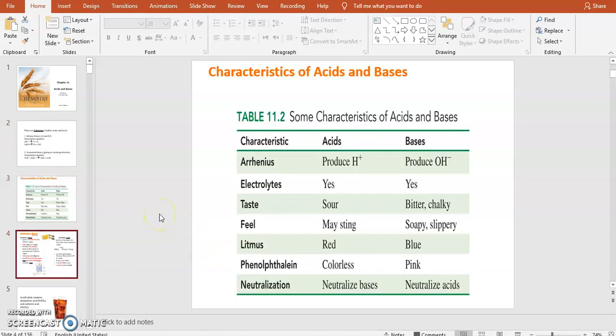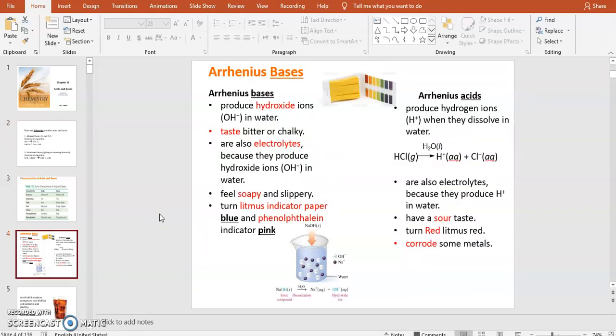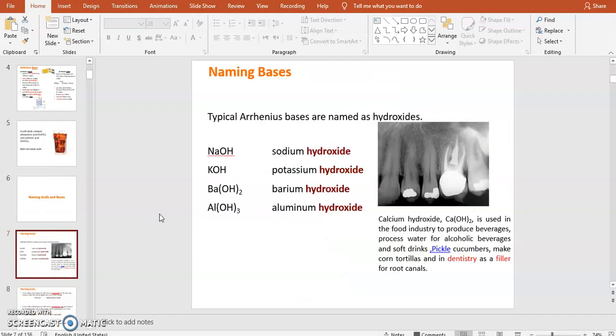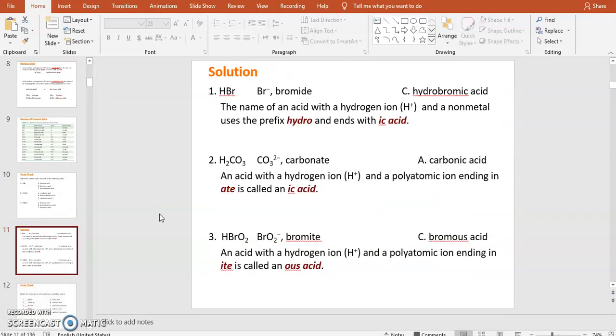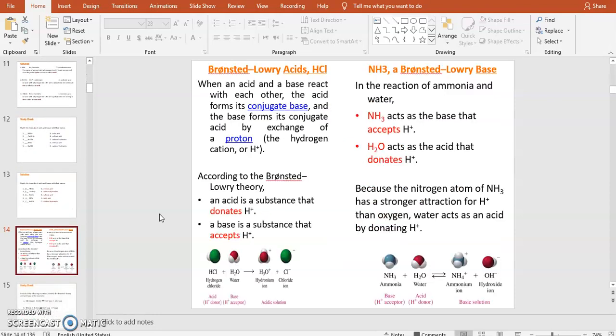Let's practice on a clearer one that we can actually see. Bronsted-Lowry theory: NH3 plus H2O gives ammonium ion and hydroxide ion.